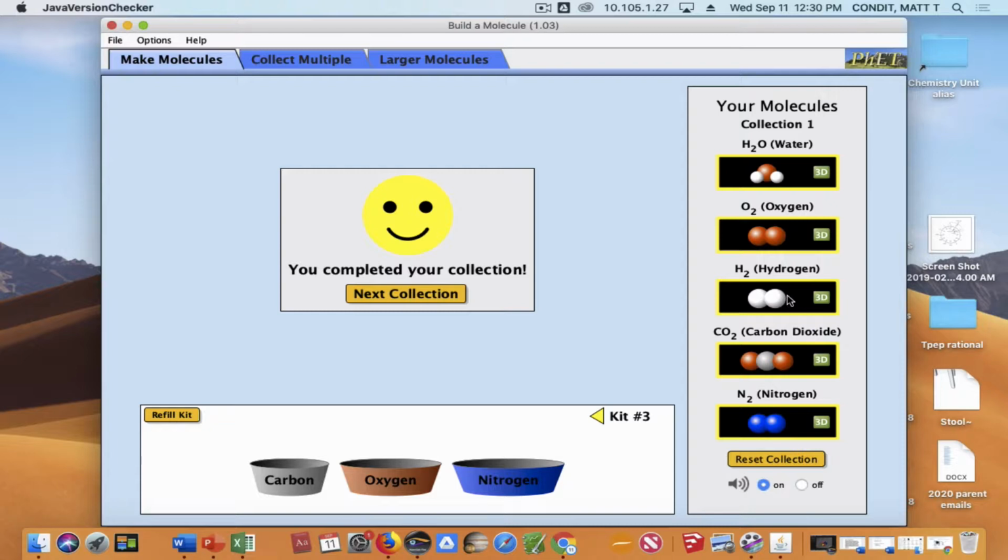And the 2 compounds I have here are water right here, and our carbon dioxide. This is a molecule only, a molecule only, a molecule only. This is a molecule and a compound. This is a molecule and a compound. So one of the things we want you to do just from hearing that is, well, what's the difference then between a molecule and a compound?